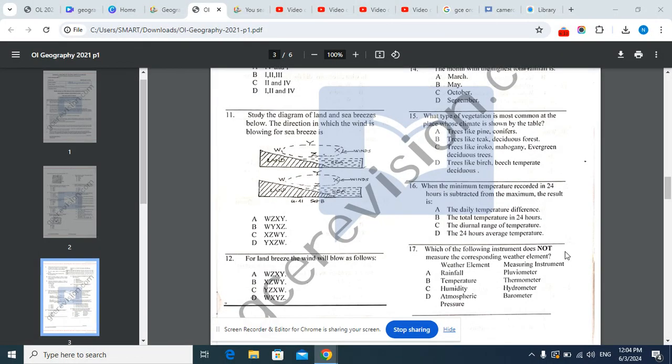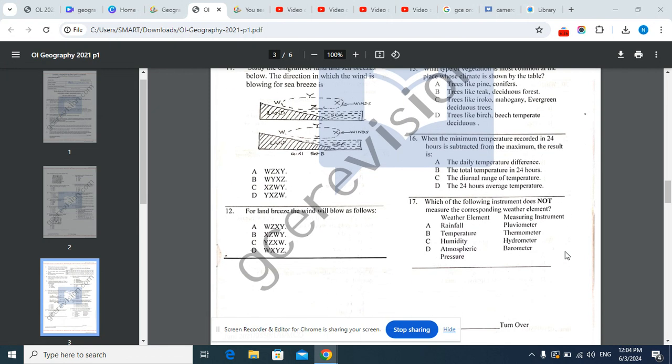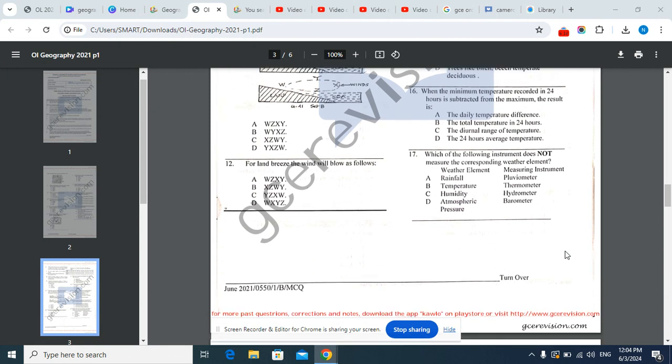The answer is C. Question 12. For land breeze, the wind will blow as follows. The answer is A.